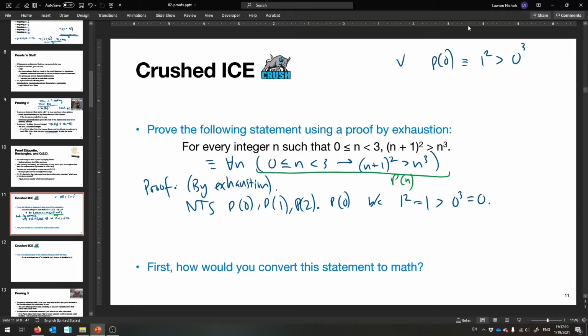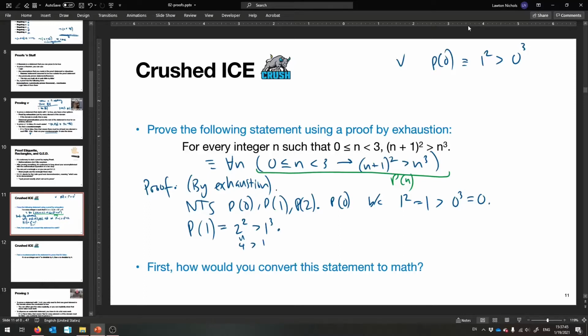And then you can do the same for P(1) and P(2). Maybe I will do both. P(1) is saying that (1+1)² is greater than 1³. So 2² is greater than 1³, and that is totally correct because it's saying 4 is greater than 1.